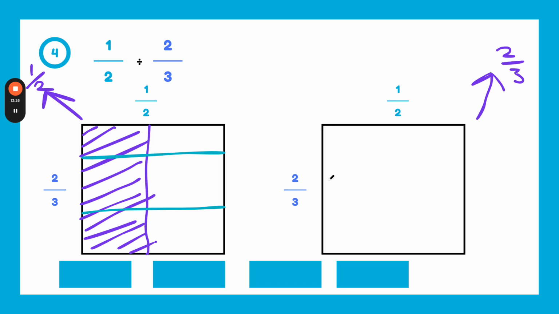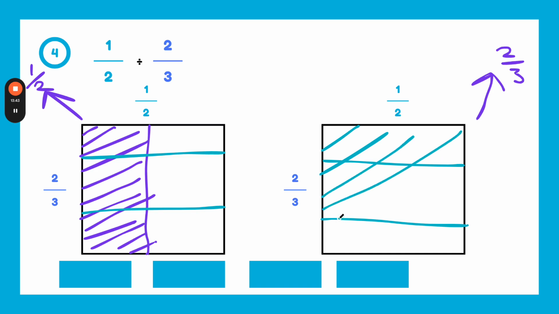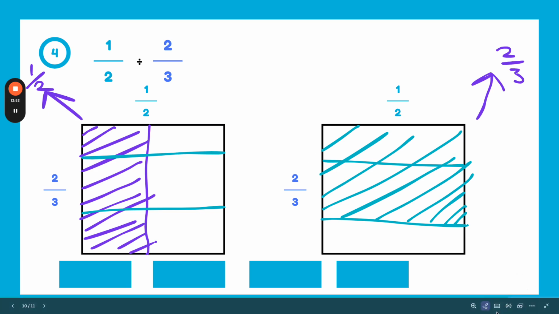So this time we're going to represent 2/3 first. So that means we split our square into 3 and then shade 2 of the pieces, so this shows us 2/3.